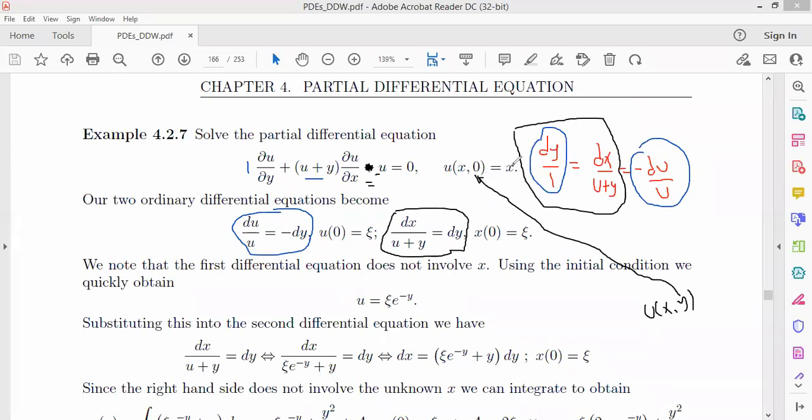So what is this new u? Because this is one of the initial conditions, we have only initialized at y equal to 0. Yes, there is an x, but y has been initialized at 0.